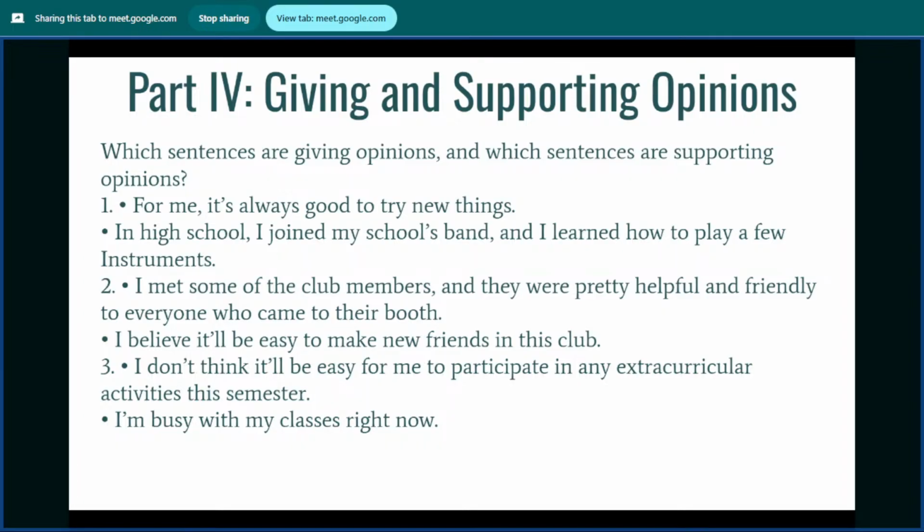What will the supporting opinion for that be? Like in high school, I joined my school band. So it's a supporting opinion, it's not an opinion. Accordingly, for the other statements, just mark which are opinions and which are supporting details, or explanations for that opinion.